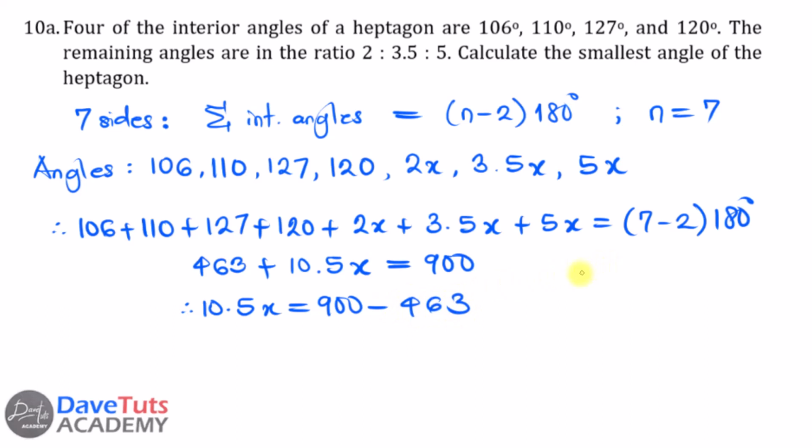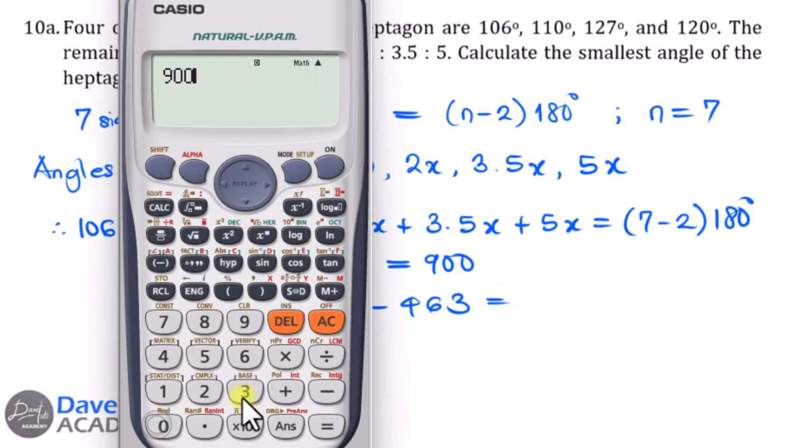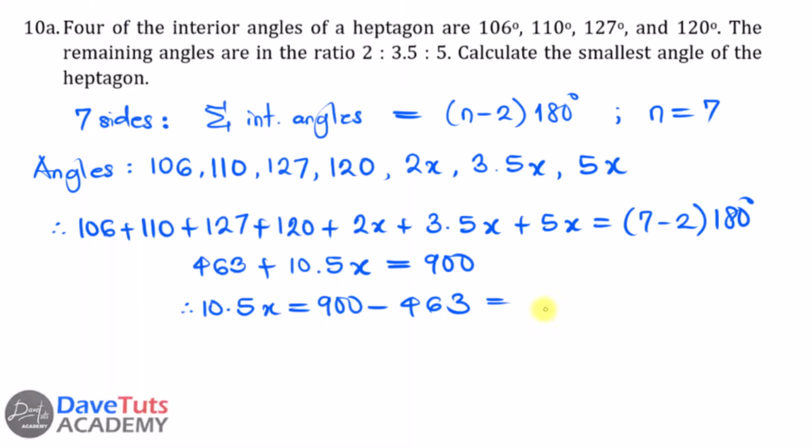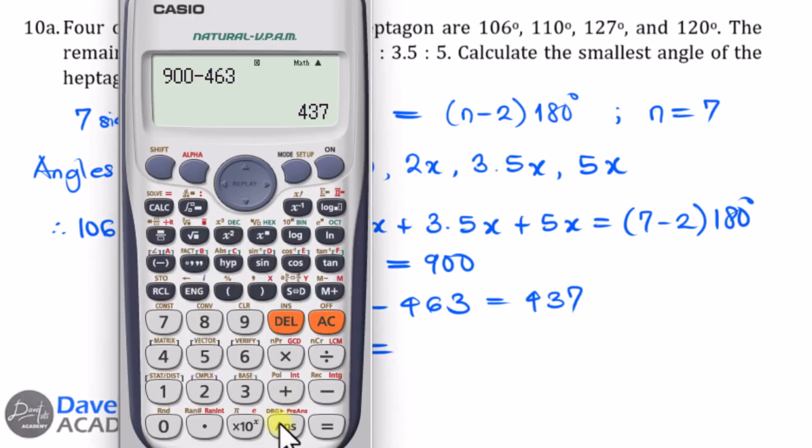Using our calculator again, 900 minus 463 is 437, so x itself is 437 over 10.5.